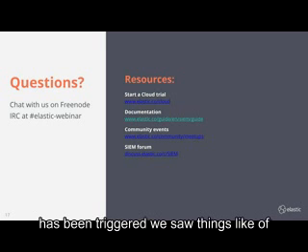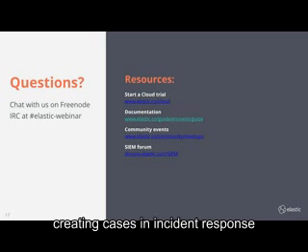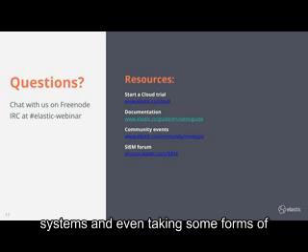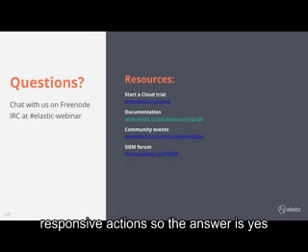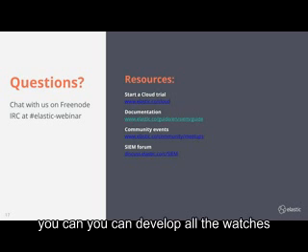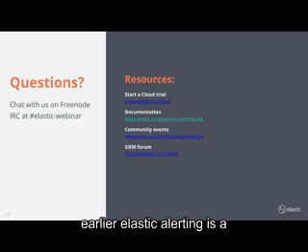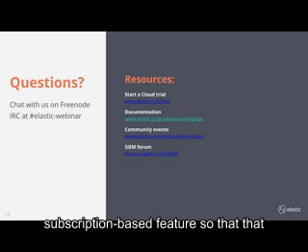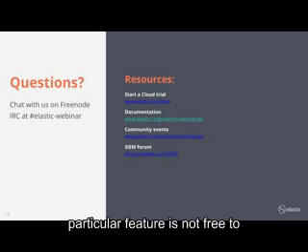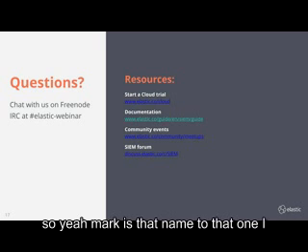We saw things like, of course, writing notifications to Slack, creating cases in incident response systems, and even taking some forms of responsive actions. So the answer is yes. You can develop all the watches that you like. As Mark mentioned earlier, Elastic Alerting is a subscription-based feature, so that particular feature is not free to end users. So yeah, Mark, does that answer that one?